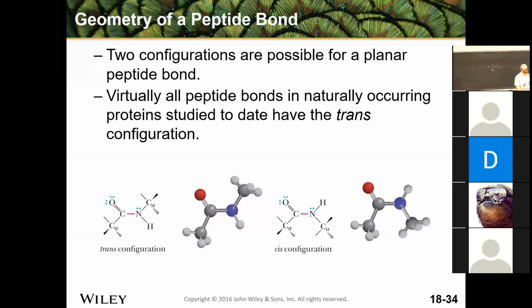Virtually all peptide bonds in naturally occurring proteins studied to date have the trans configuration, which is right here. So there is restricted interconversion because there's a lot of double bond character between the C and the N.